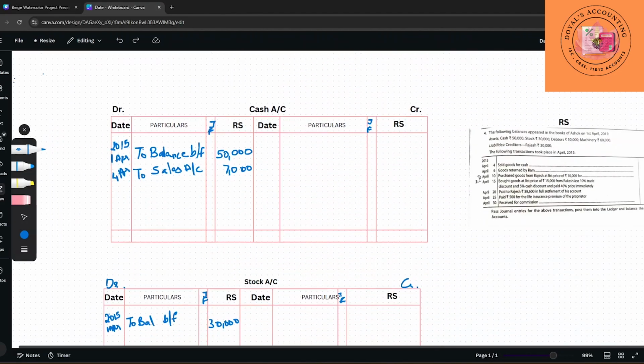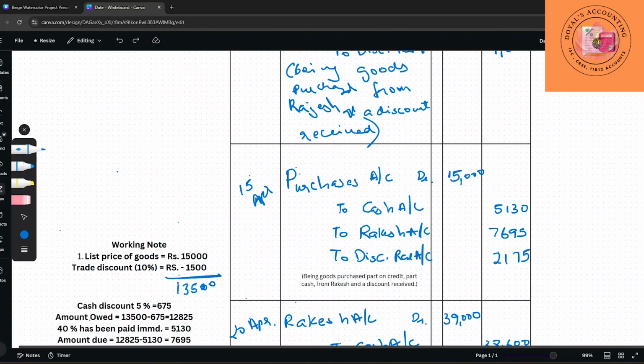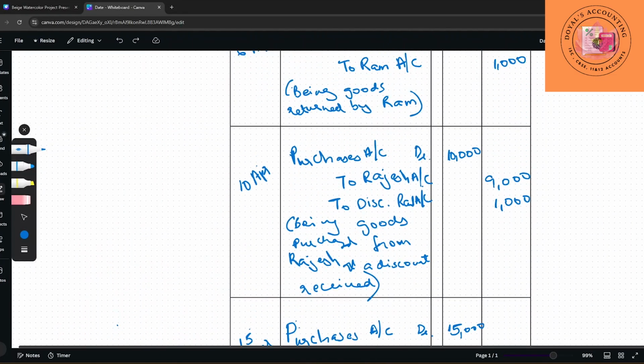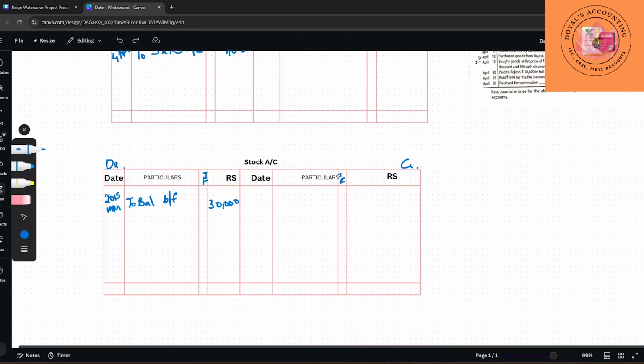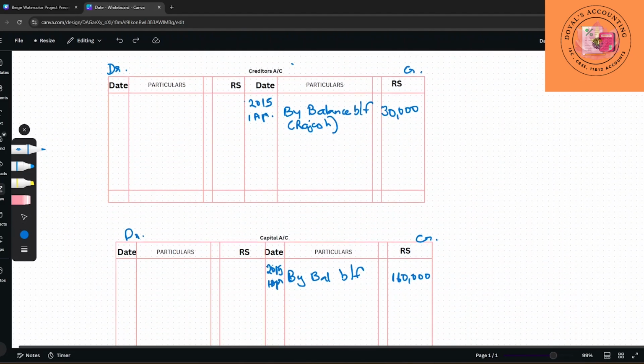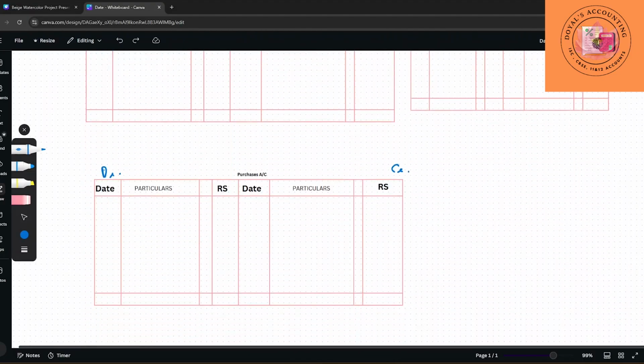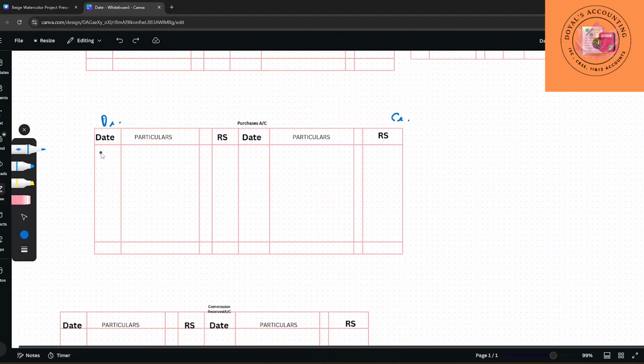Okay, so let's go to purchases account. And on which date is this? 10th April, for 10,000 rupees. So in my purchases account on the debit side, I will write "to Rajesh account" and "to discount received account". So I will be posting two entries in the purchases account. The date was 10th April.